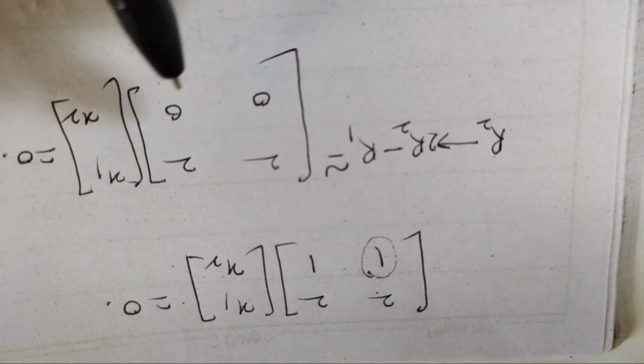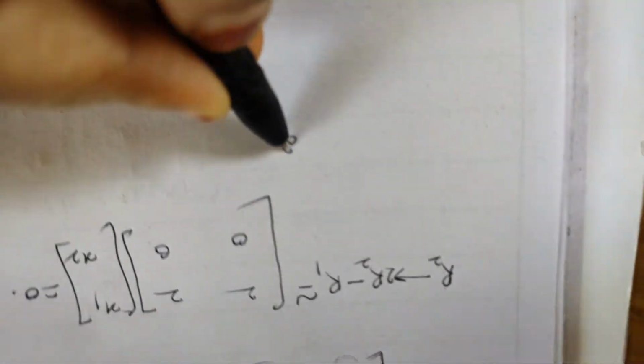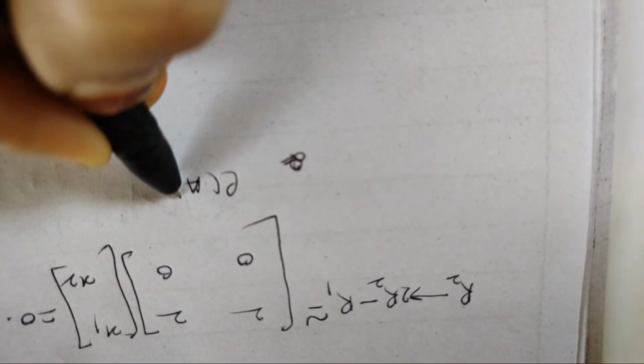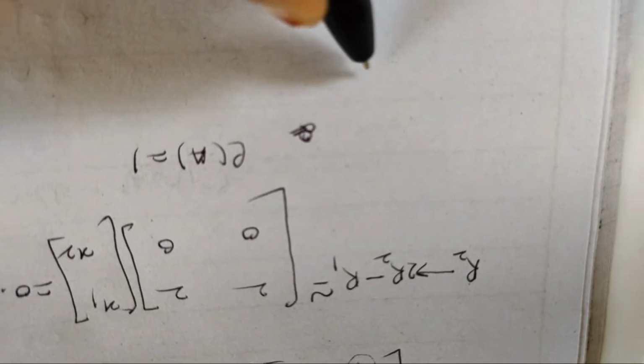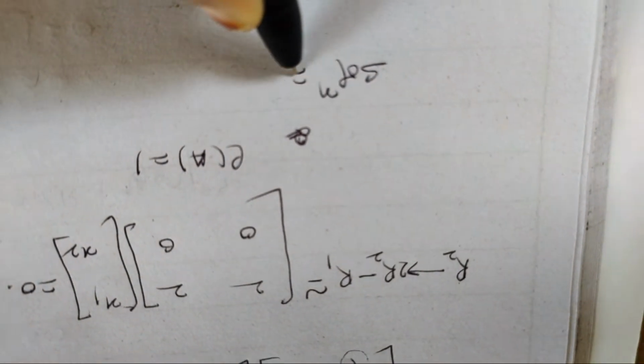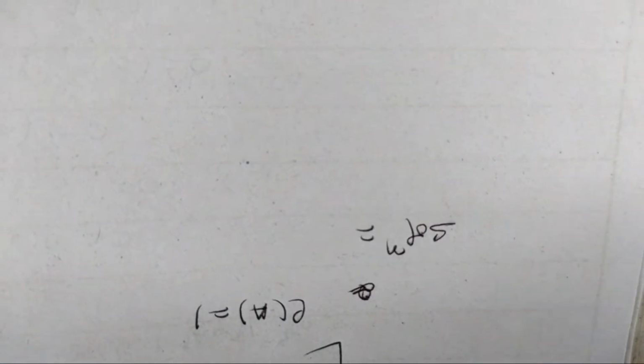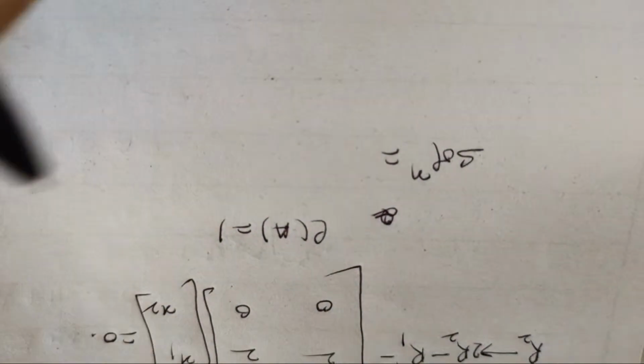Now write it in the equation form. 2x1, what is the rank? Rank of A is equal to 1, where your solution will decide how many arbitrary constants you are going to assign to the variables.